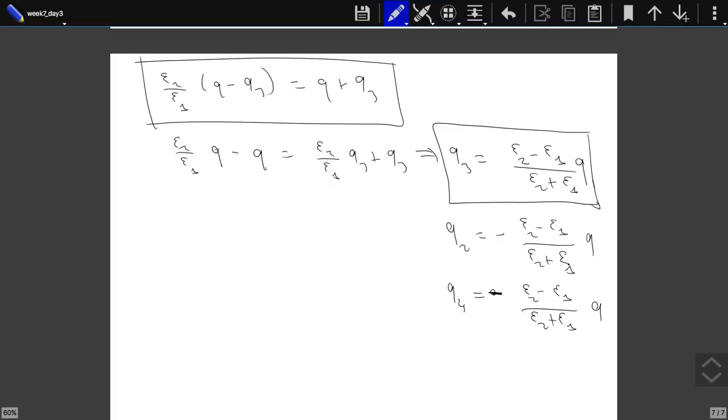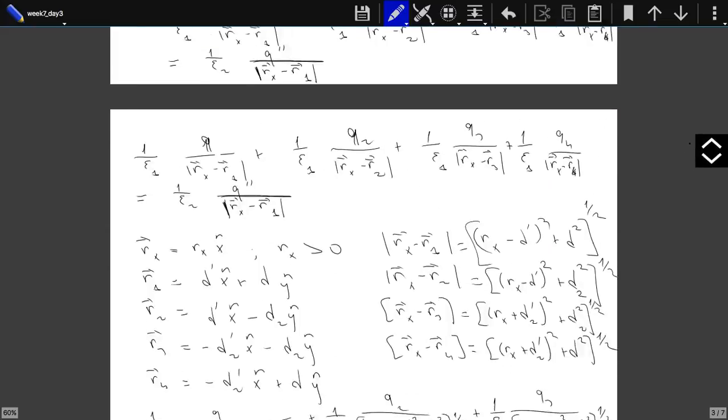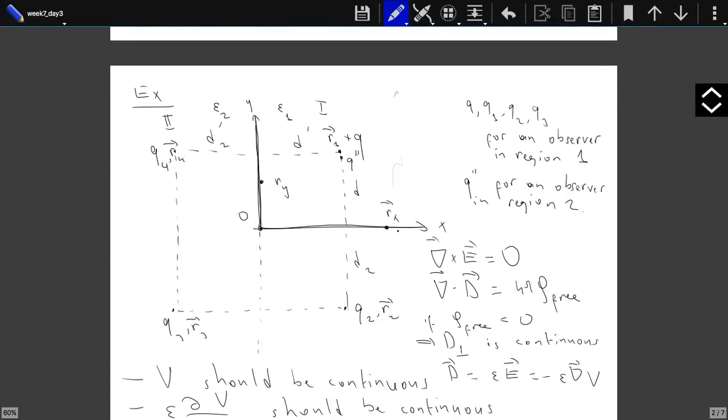Now we know all the unknowns, but still there's one more boundary condition we didn't check yet. Does this satisfy that boundary condition? Up to now we checked the continuity of the potential along the x, the continuity of the potential along the vertical plane, and the continuity of epsilon times the derivative of the potential in the horizontal, but we didn't check the continuity of epsilon times the derivative of the potential in the vertical.